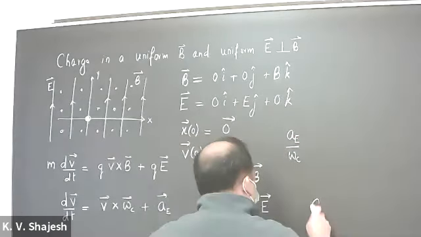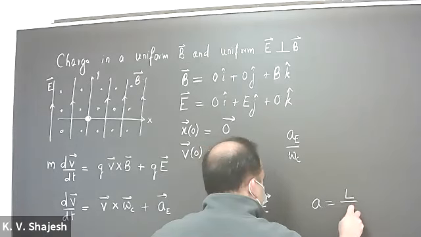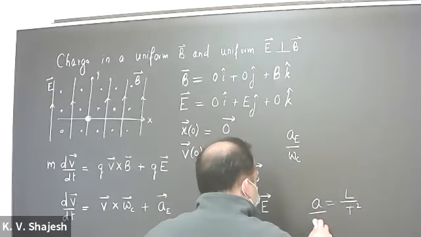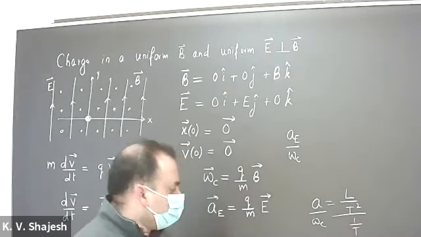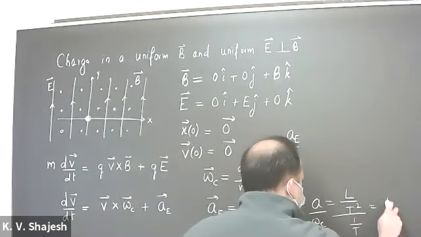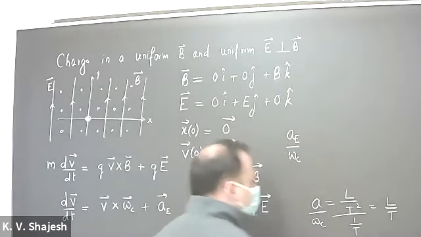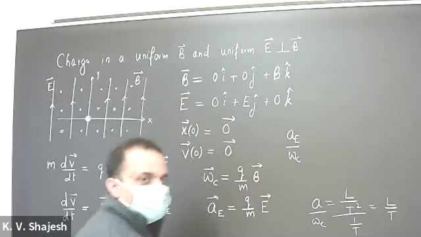Acceleration is length over time squared, and frequency is 1 over time. The time cancels out partly, so there's a length over time remaining.